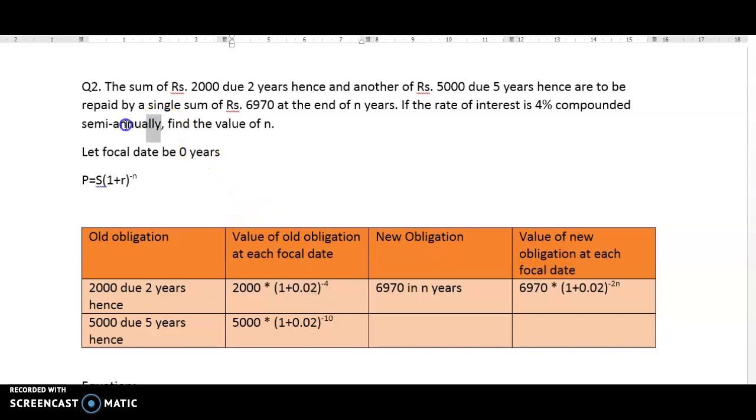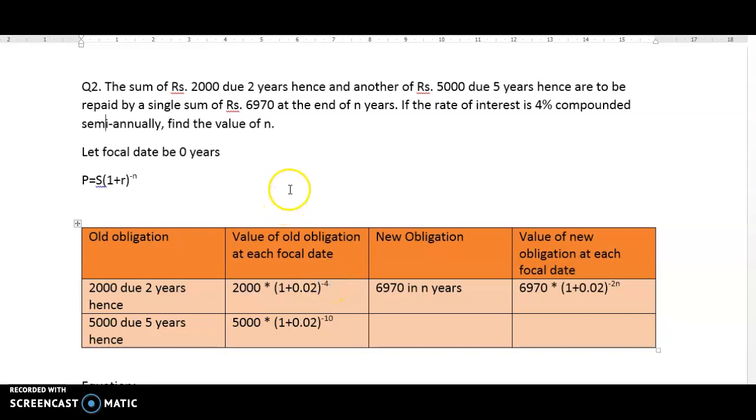You have to pay special attention to the frequency of the rate of interest, because this part is very important in calculating the values. If you do not pay attention to it, your answer will not come. So in this case it is not -2, it is -4, that is -2 into 2.